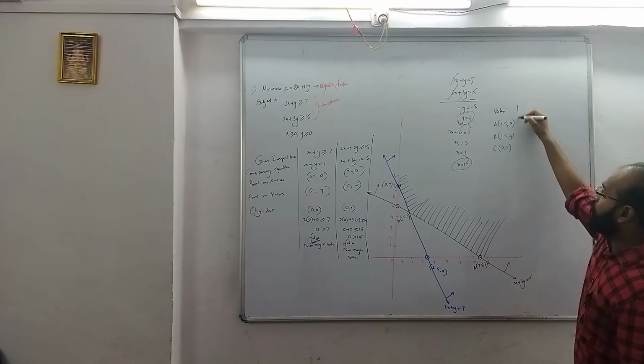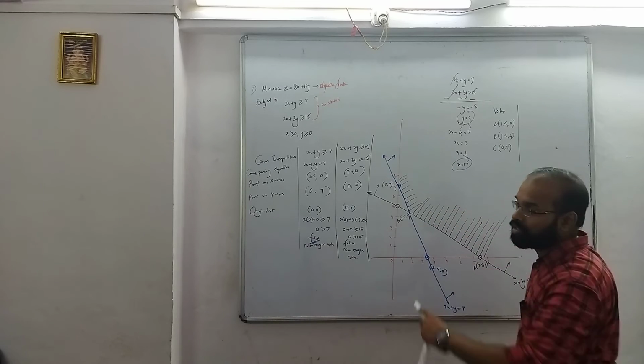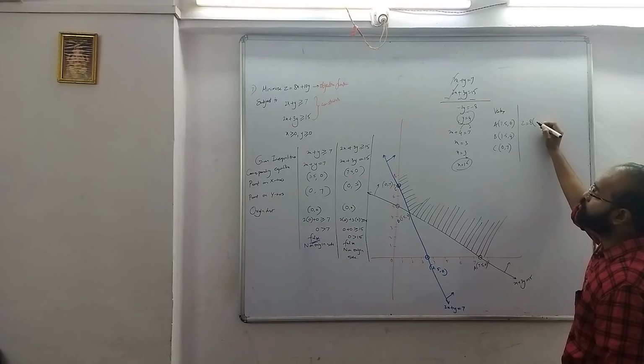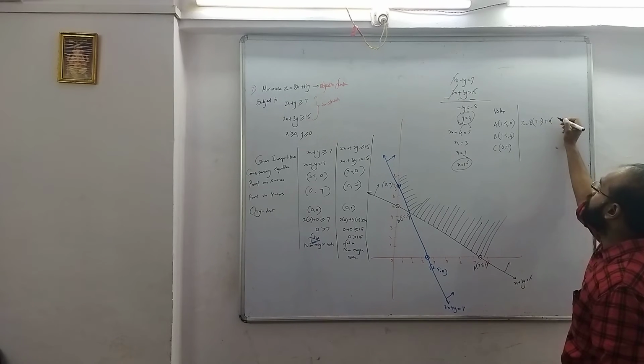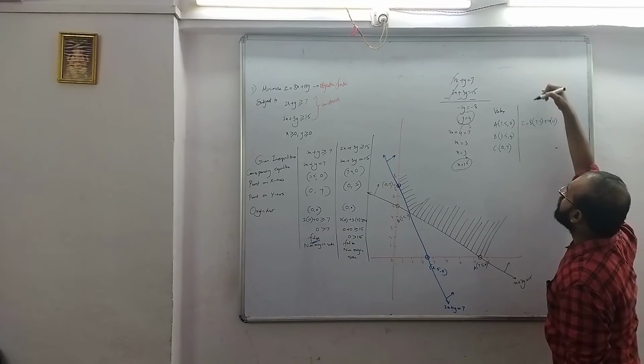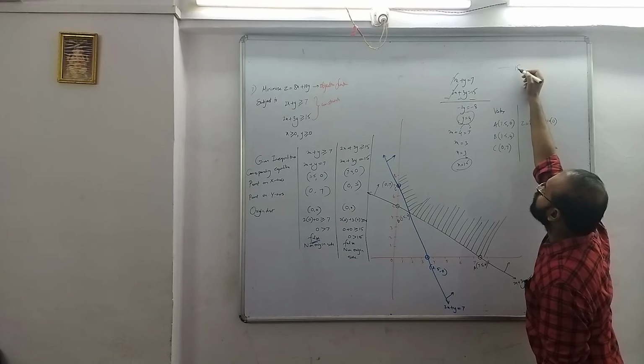Now I will put all those values in the function. That is called the objective function, correct? So Z is equal to 8 into x, which means 7.5, plus 10 into y, which means 0. Got it? Now instead of 7.5, I can use 15 by 2 also.